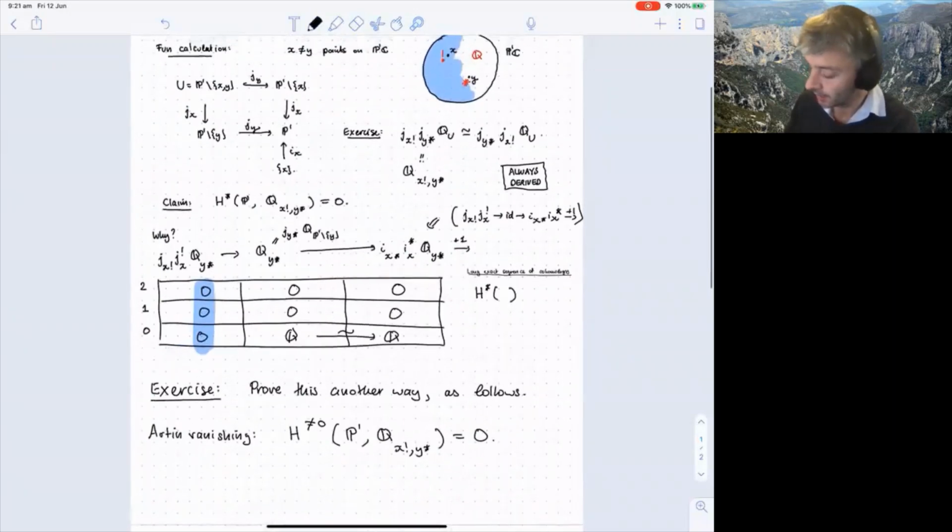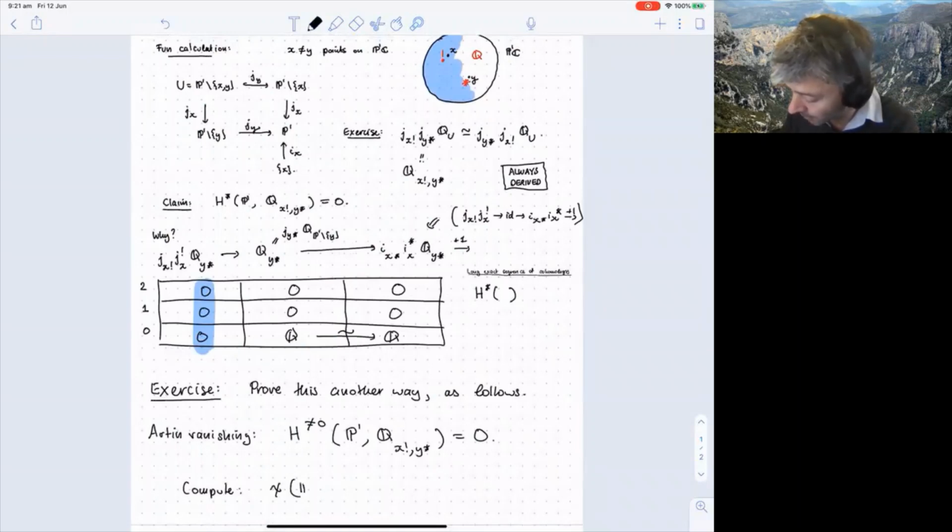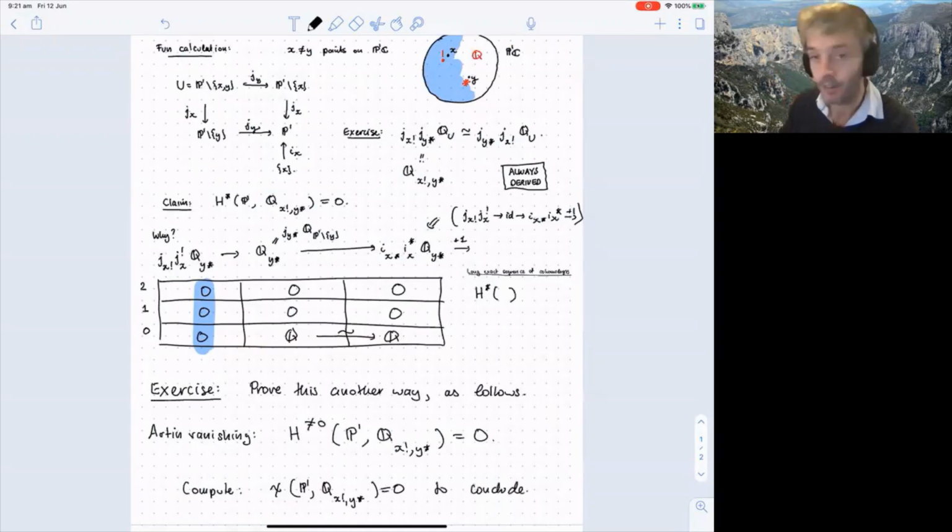And then compute that the Euler characteristic of this thing is 0 and conclude. Okay, so I first argue that the complex is concentrated in 1 degree, and then I use an Euler characteristic argument to show that it's 0.